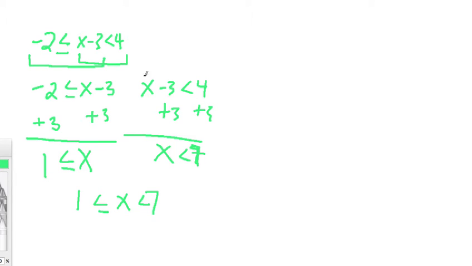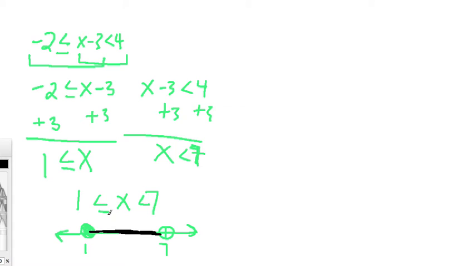So the solutions that will make this a true statement are numbers between 1 and 7. If I wanted to graph that, I could set up my graph. If I have a 1 here and a 7 here, we know that we will close the circle at 1 and keep the circle open at 7. I should probably change my color. And it's all of these numbers here.